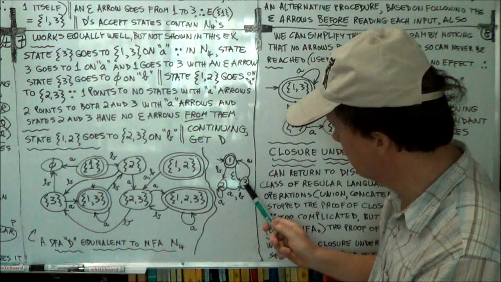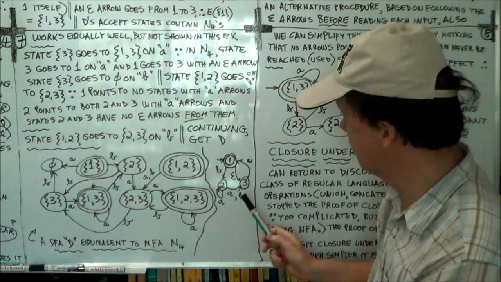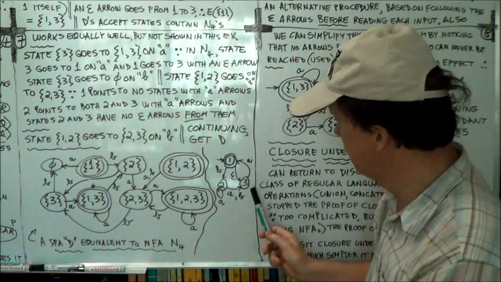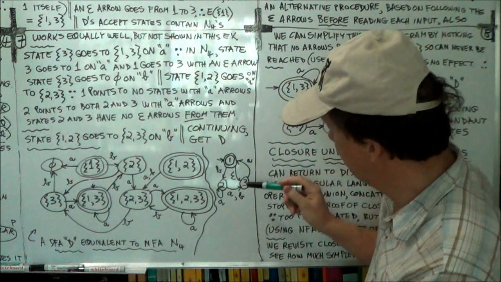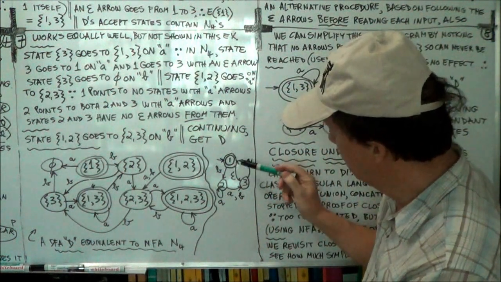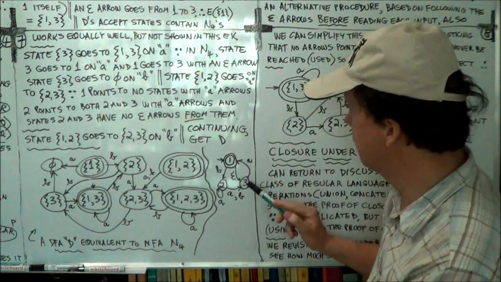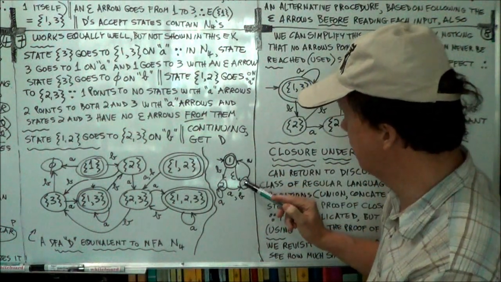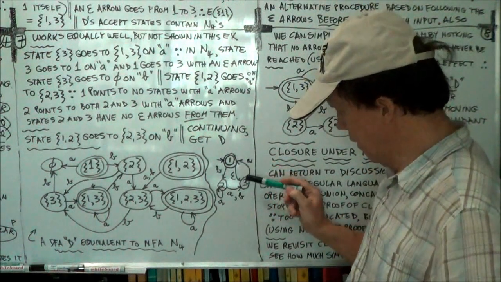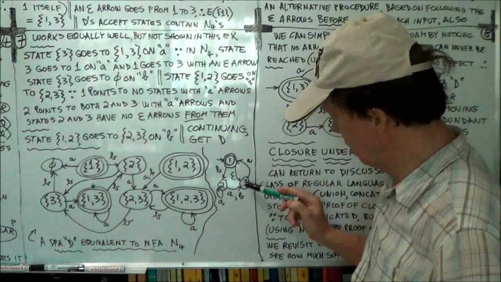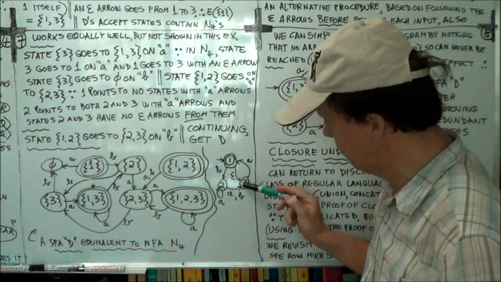So what does 3 do? Well, it just goes to 1. Is that it? Oh, okay, it goes to 1, but 1 has an eta arrow, so it goes back to 3 as well. So 3 on A, because of the eta arrow here, 3 will go to 1, but 1 has an eta arrow, so immediately you go to the state.